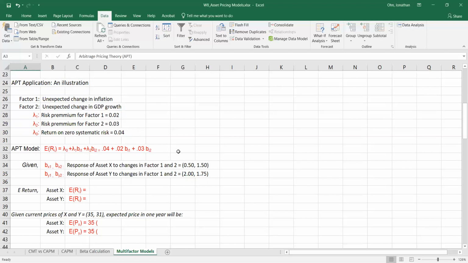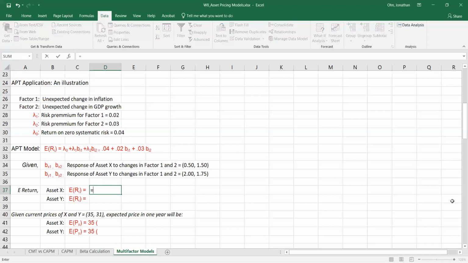Now, given stock X's responsiveness to factors 1 and 2 is 0.50 and 1.50, and stock Y's is 2.0 and 1.75, what is the expected return for X? Just use this model.